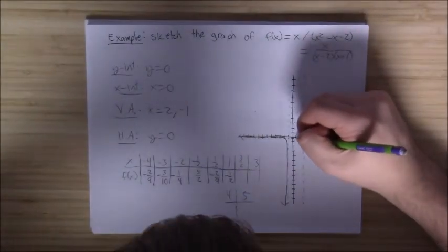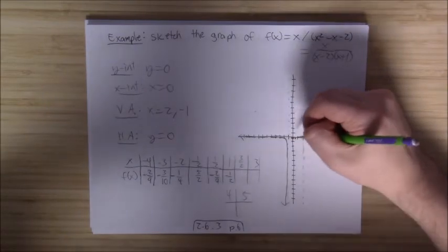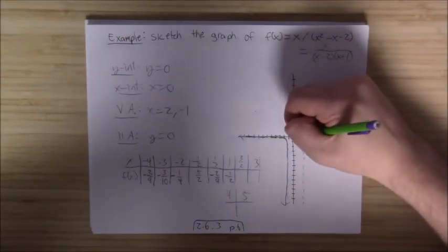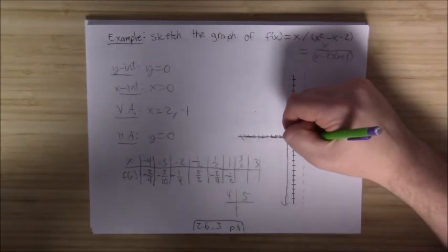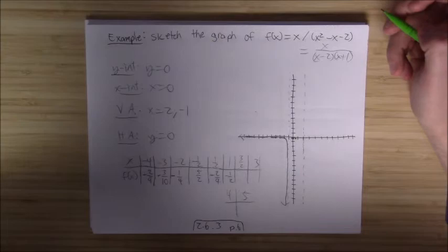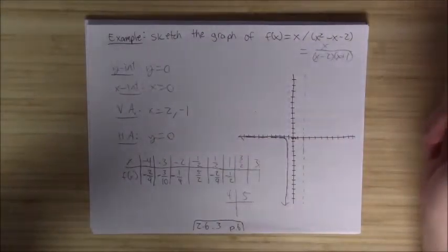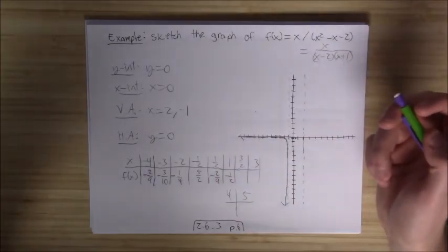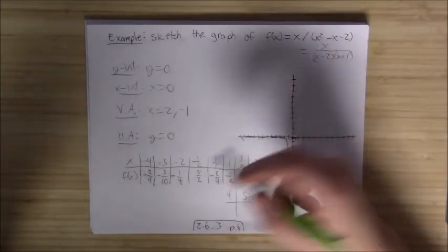2/9 is itty bitty. It's like right there. 1/4 is like right here. That's positive 2/9, sorry. That's right. 5/2, right.